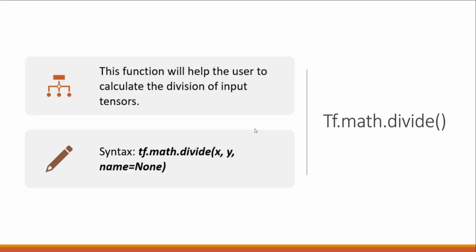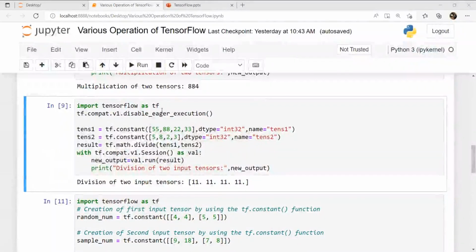Now let us take an example and understand the working of the tf.math.divide function. In this example, first I have imported the TensorFlow library with the alias name tf, and for creating a session I have used tf.compat.v1.disable_eager_execution.